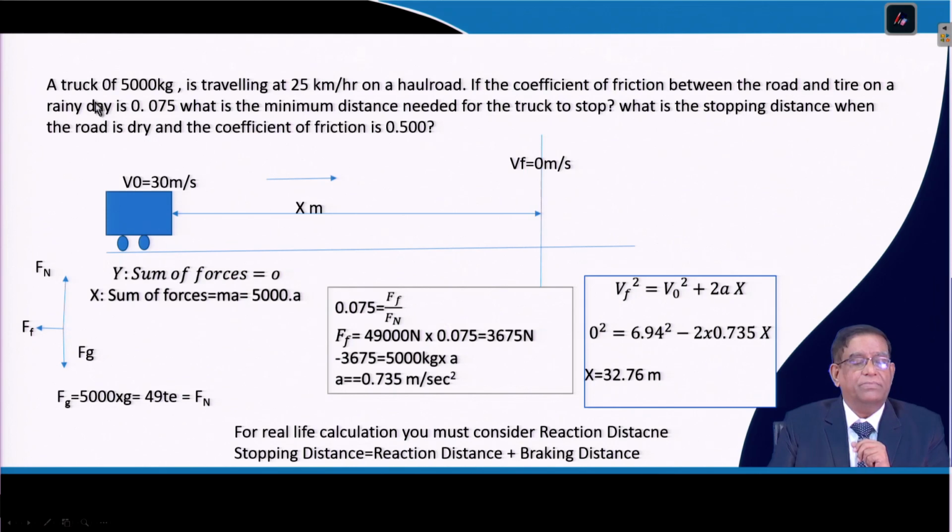Sometimes a problem can be, say, a truck of 5000 kg travelling at 25 kilometers per hour on a haul road. If the coefficient of friction between the road and the tire is given as 0.75, then what will be the minimum distance? Now, in the initial discussions you can think that the brake has been applied over here, but sometimes you consider a reaction time.